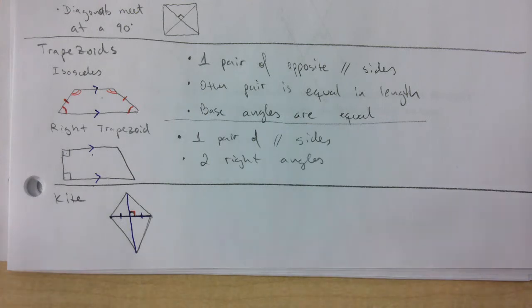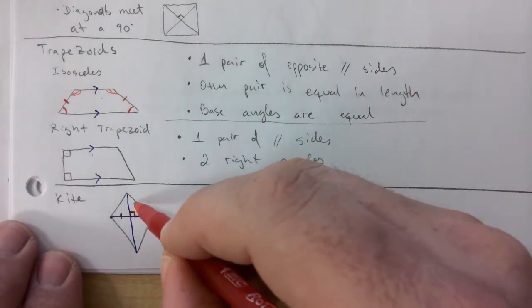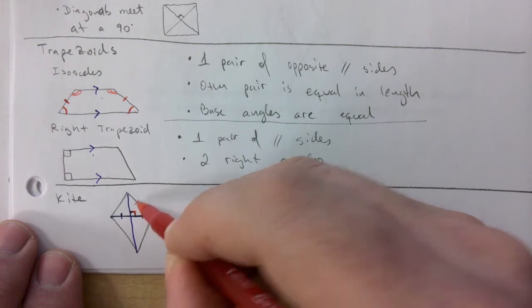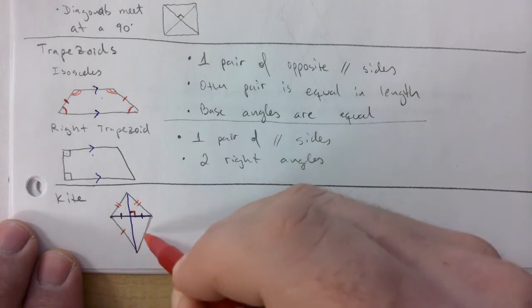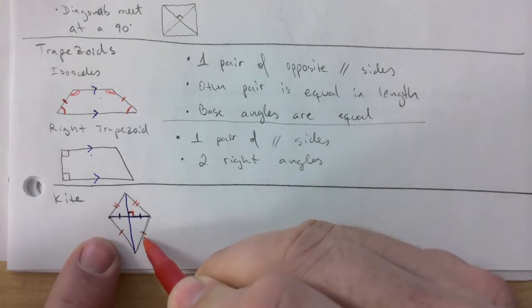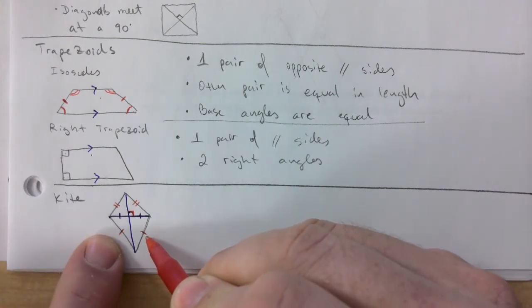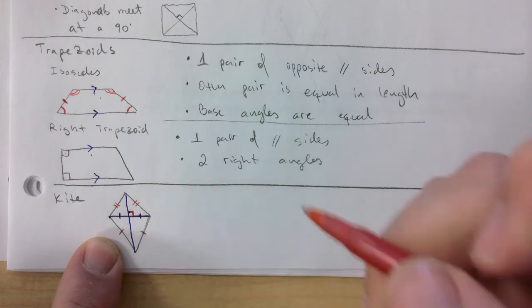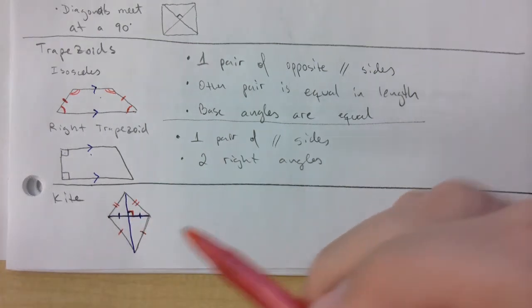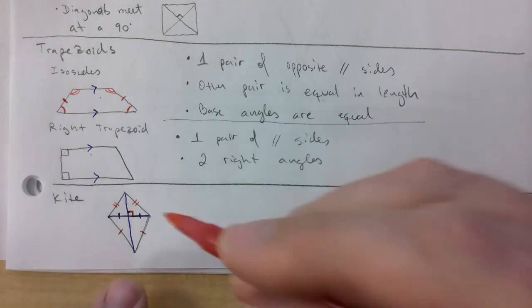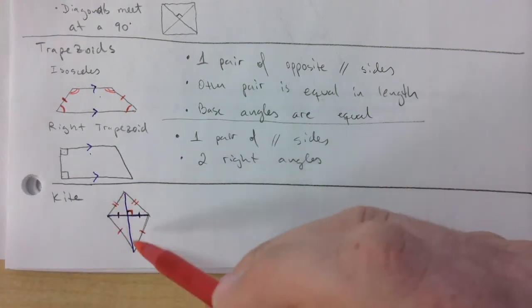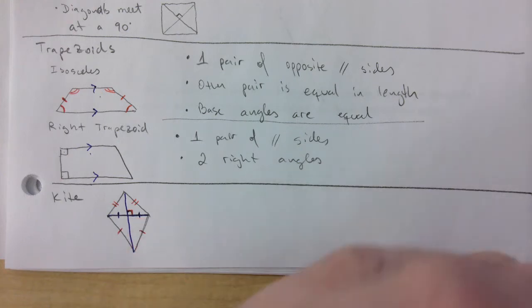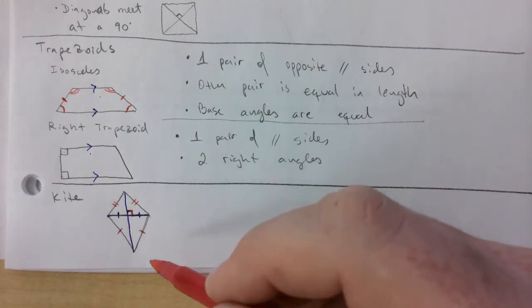We know that this side length here is the same as this side length there, and that this is the same as that. So these two measure the same in length as well as the top. It's almost like two isosceles triangles put together, right? There's an isosceles up top and an isosceles at the bottom. You kind of stack them, and that's what you get.